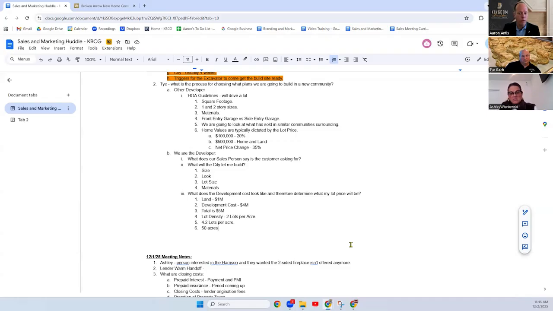So my cost was 5 million and my lots were 210. What is 5 million divided by 210? 23,809. Now that's cost.